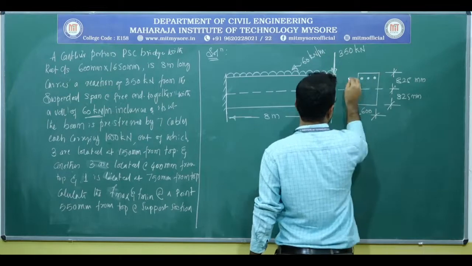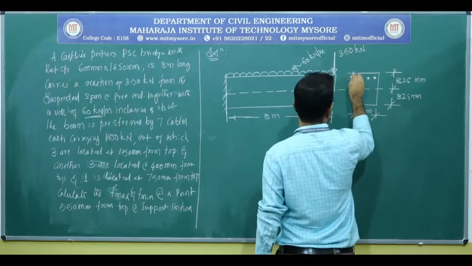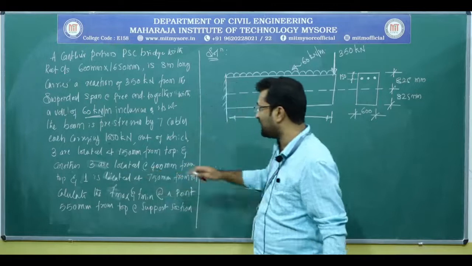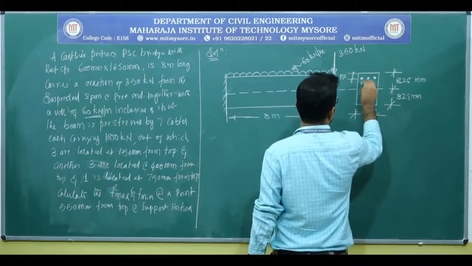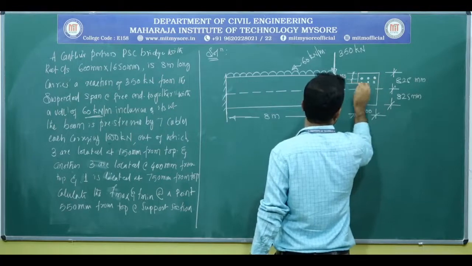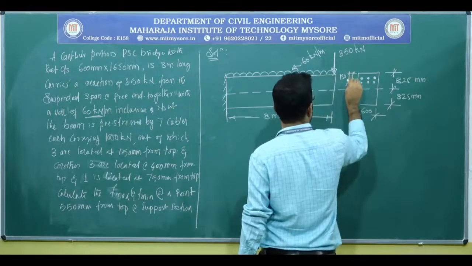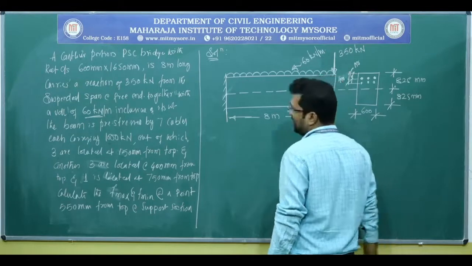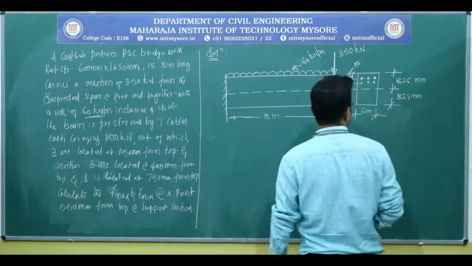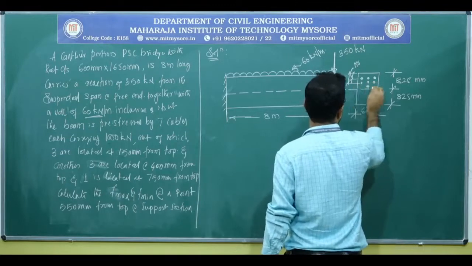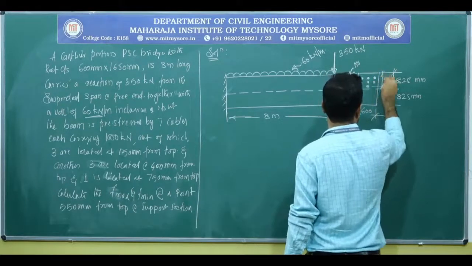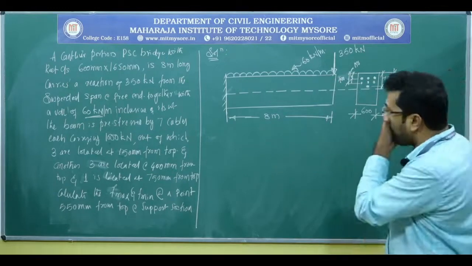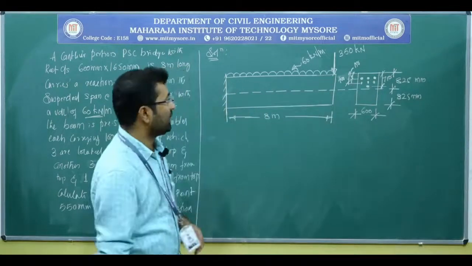Another 3 are located at 400 millimeter, and the last one is located at 750 millimeter from the top. So this is the configuration of the PSC beam.